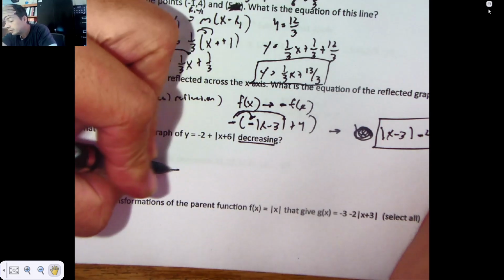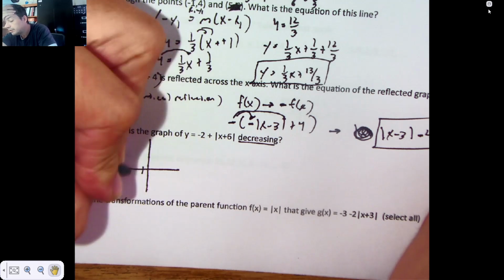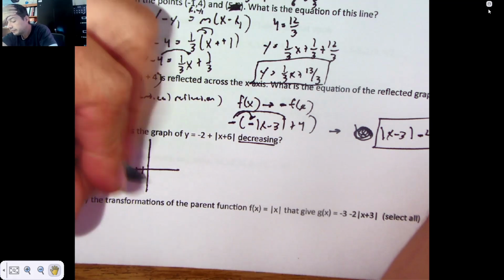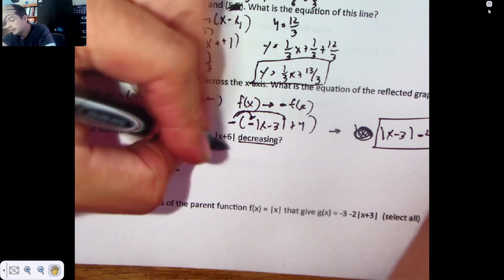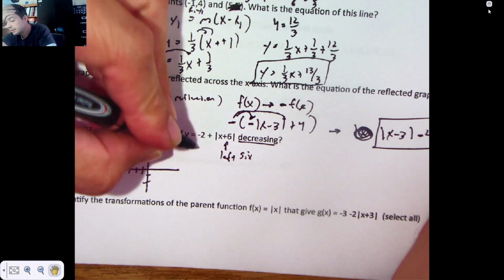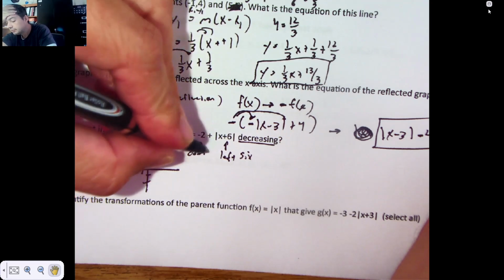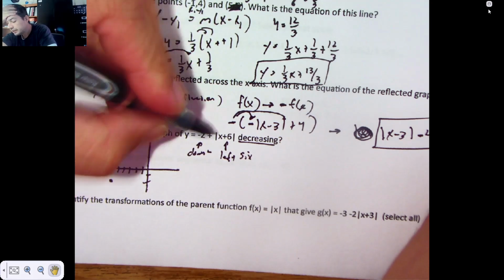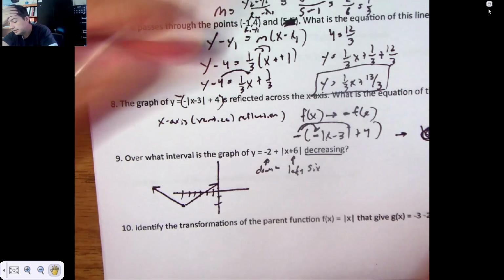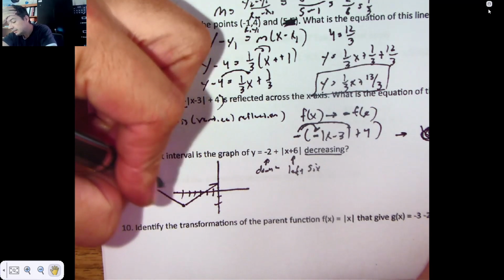Anyways, it works best if you figure out how to do this stuff in your head, and you can't do it in your head until you've done this for a while. This is a left 6 shift, because that's negative, down 2. So that put me right there. It's absolute value, it's a V. It's just a rough sketch. This path right here is decreasing.